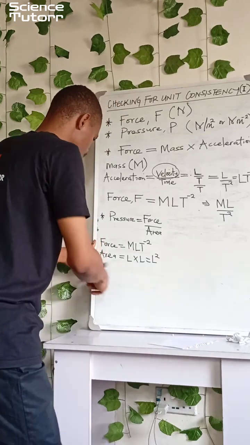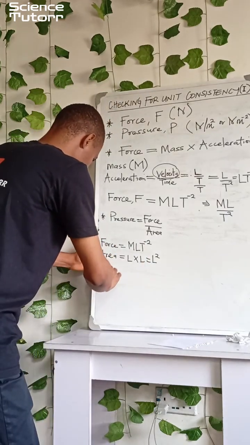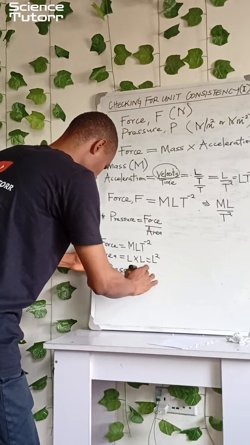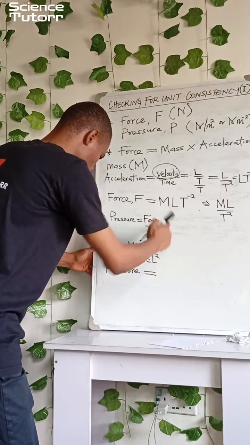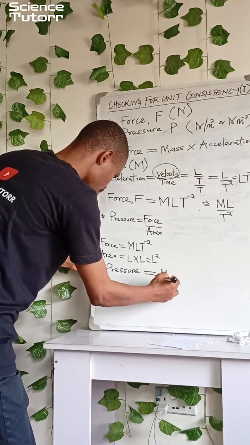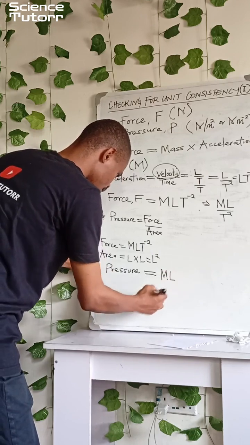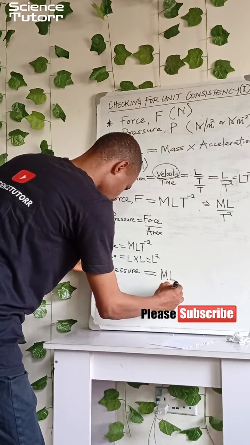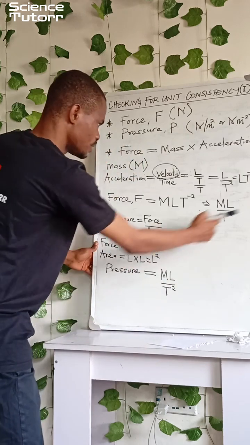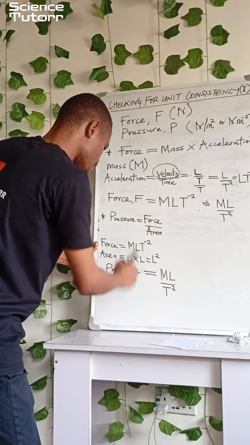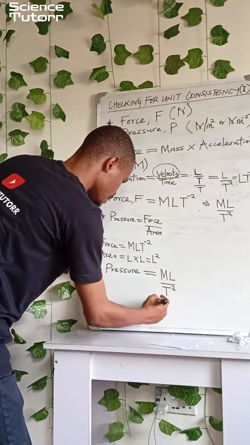So how is it done? Pressure will be equal to the force, which is M L over T squared, divided by the area.